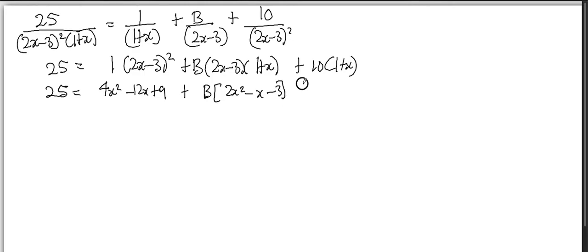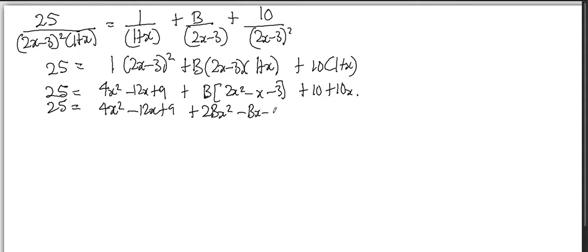Okay, and then plus 10 plus 10x is very good. Okay, so 25 equals 4x squared minus 12x plus 9 plus 2bx squared minus bx minus 3b plus 10x plus 10.